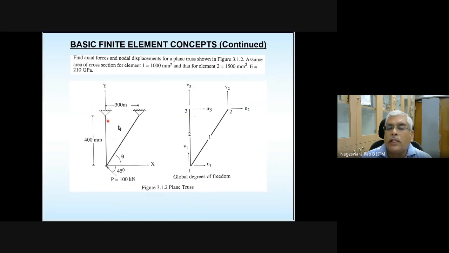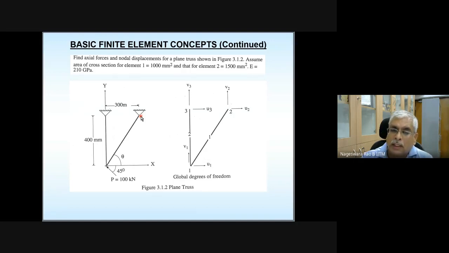So this is node 3 and this is node 2. At both these nodes, the displacements both in the vertical direction as well as in the horizontal direction are going to be 0, since it is a hinge joint.